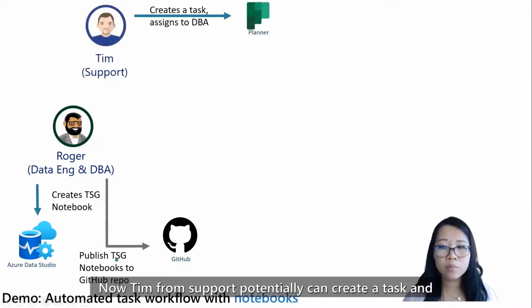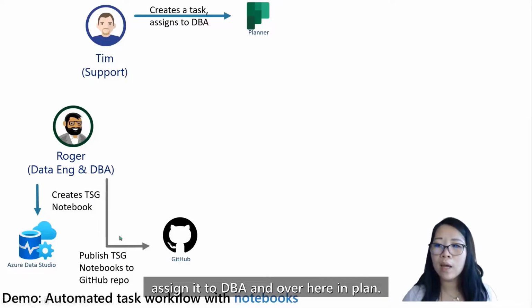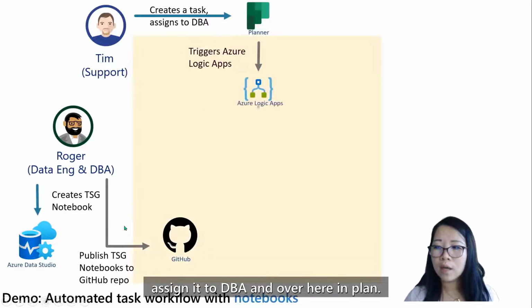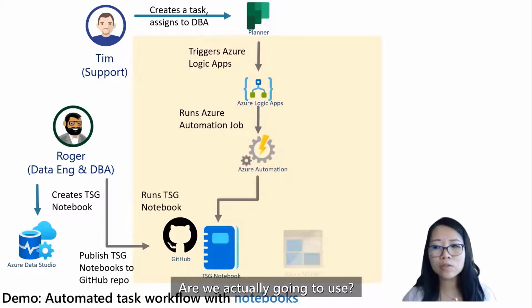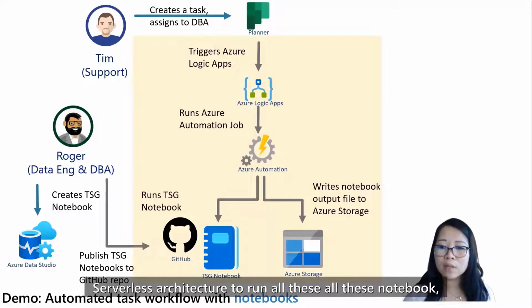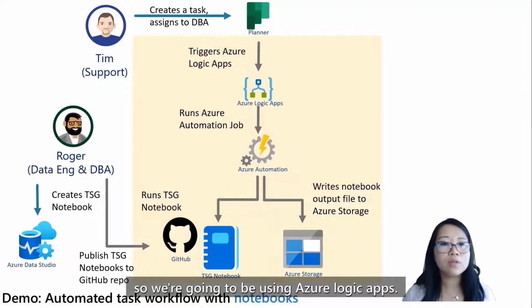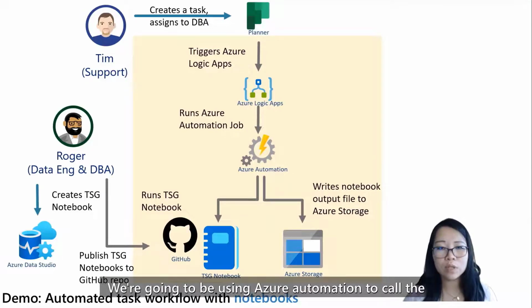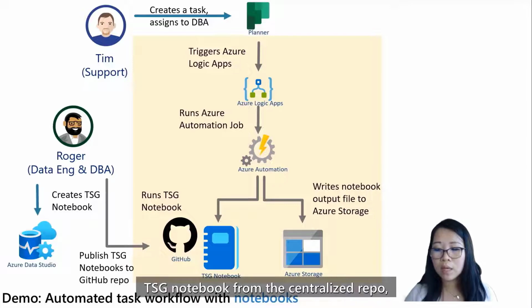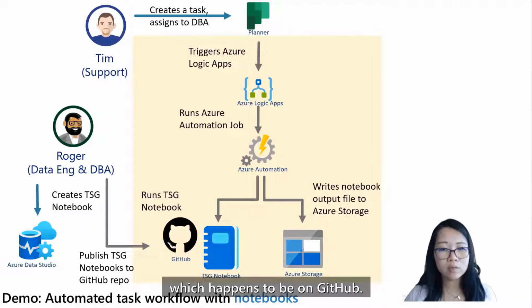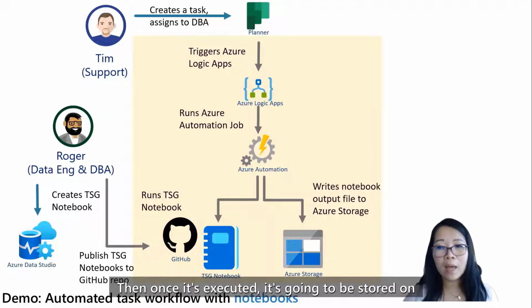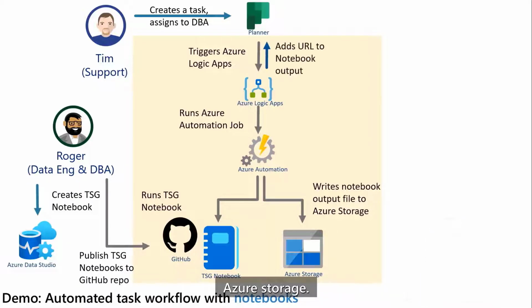Now, Tim from support potentially can create a task and assign it to a DBA. And over here in Planner, we're going to use serverless architecture to run all this notebook. So we're going to be using Azure Logic Apps. We're going to be using Azure Automation to call the TSG notebook from the centralized repo, which happens to be on GitHub. Then once it's executed, it's going to be stored on Azure Storage.